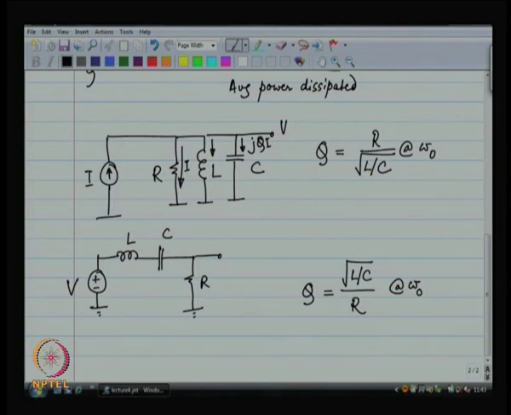And similarly, for the series RLC network, the voltage across the resistor at resonance was V, the voltage across the inductor was minus j Q V, and the voltage across the capacitor was plus j Q V, something of this fashion.